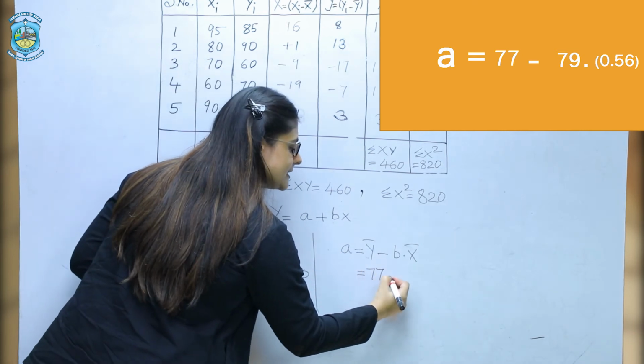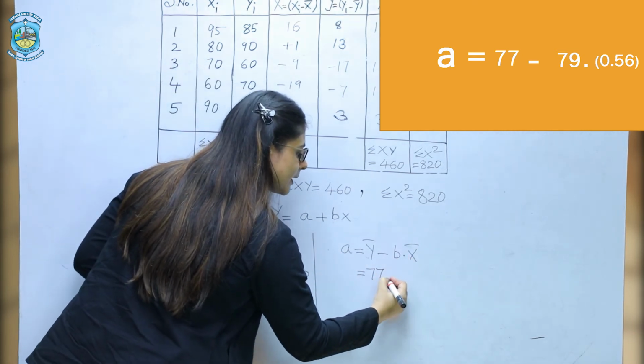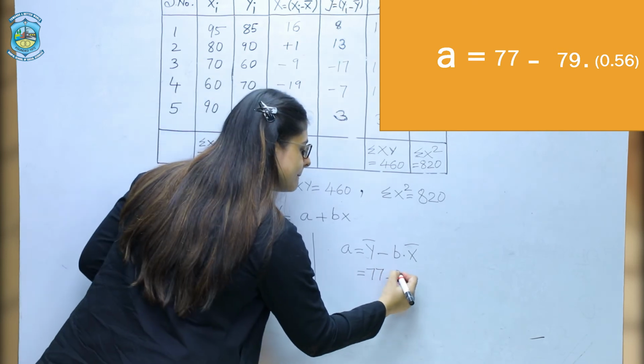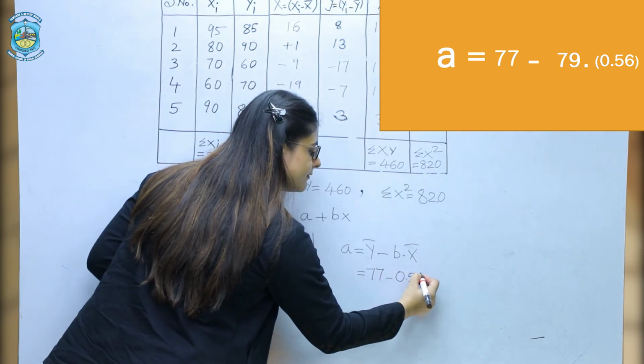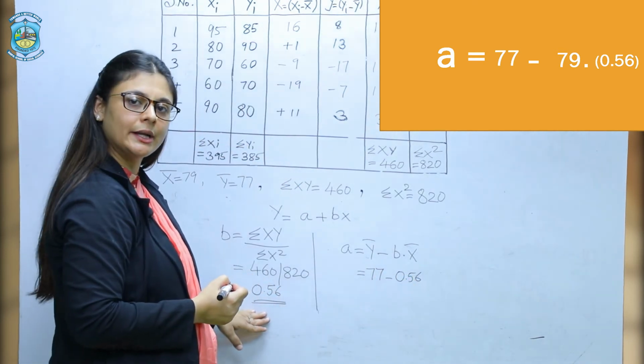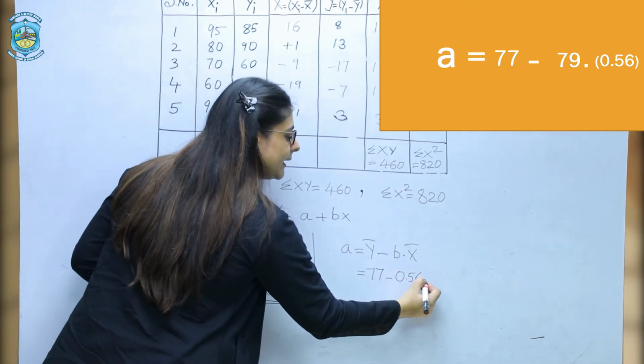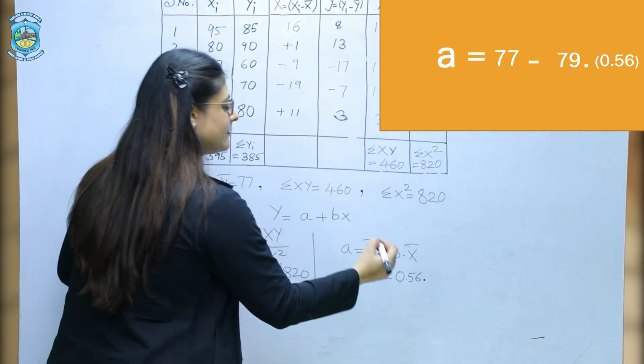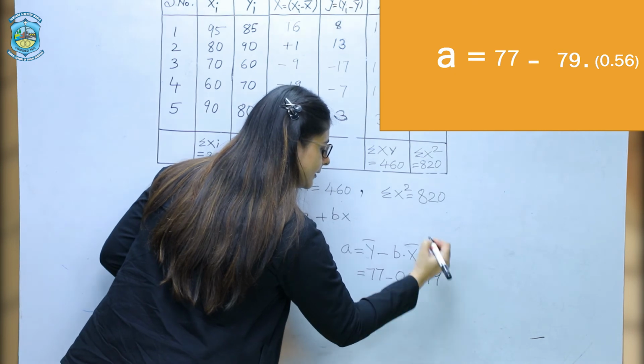Y bar is 77 minus b is 0.56 as we have already calculated here, multiplied by 79.